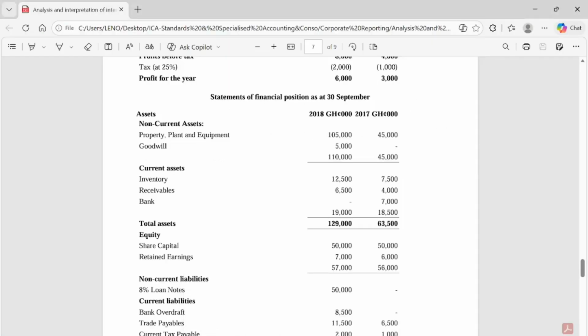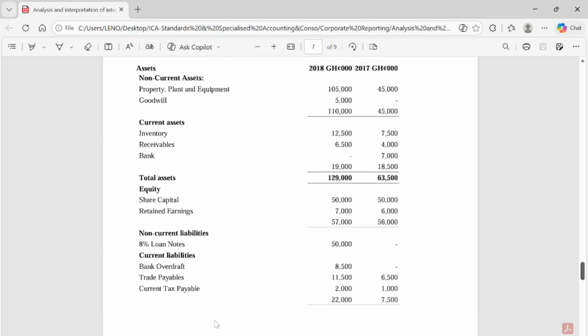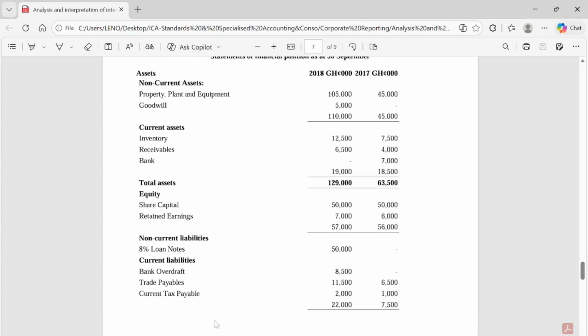Look at trade receivables, from 4,000 to 6,500. Inventory from 7,000 to, then you oppose it with the current liability. Look at bank payable from 6,000 to 11,000. Here you can clearly see that the trade payable has increased far more than trade receivables, right? So we can equally talk about that.